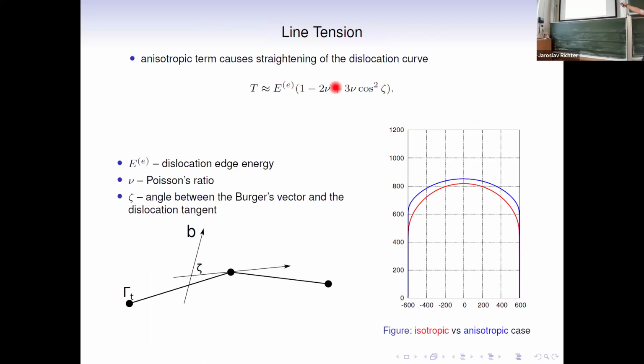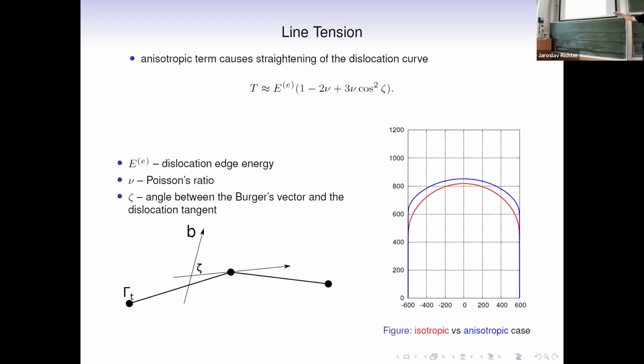In literature, we can find a second-order approximation of the line tension coefficient, which looks like this one, taking into account the dislocation's energy, which is a physical parameter. It can be obtained by measurements. Then Poisson's ratio, again different for each material, and finally the angle between the dislocation tangent vector and the so-called Burgers vector.